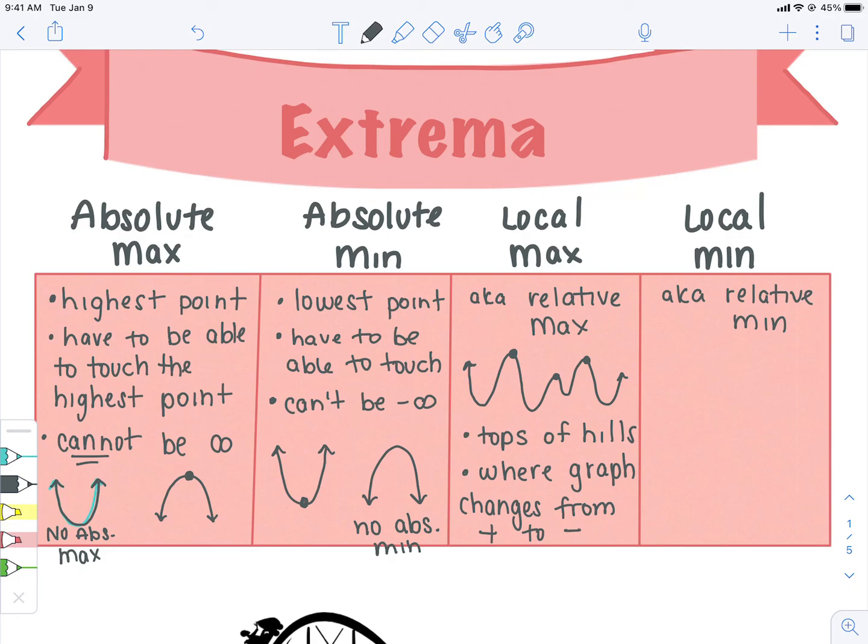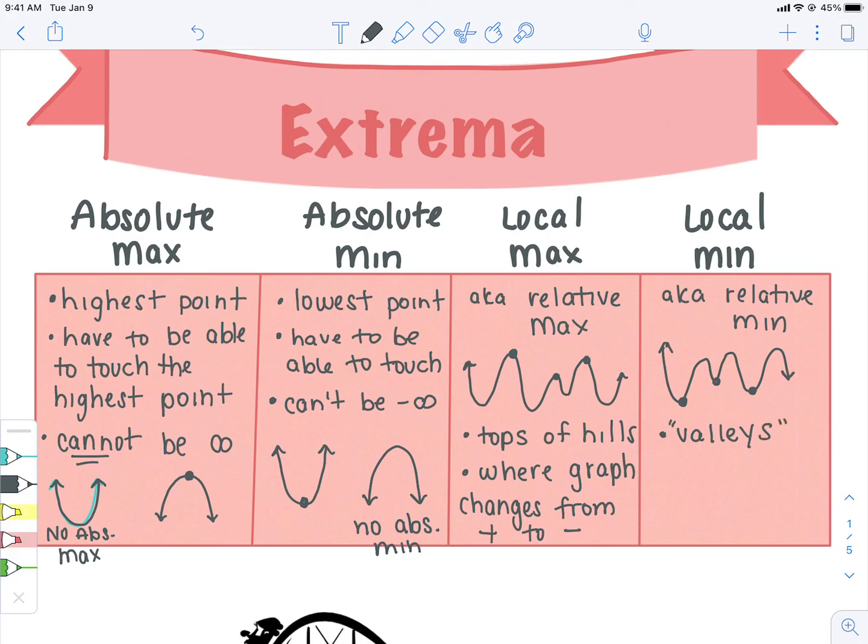Relative min is exactly the opposite. It's those low points, or like bottoms of valleys. They almost look like if that was a big mountain range. So your relative min, when I'm dealing with something like this, is any of these low points. So unmathematically, they're like valleys in the graph.